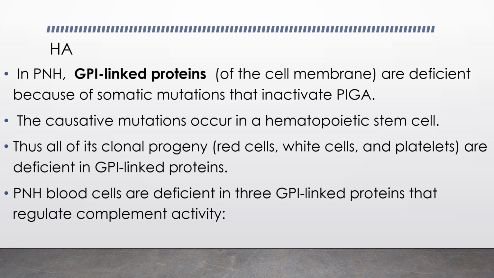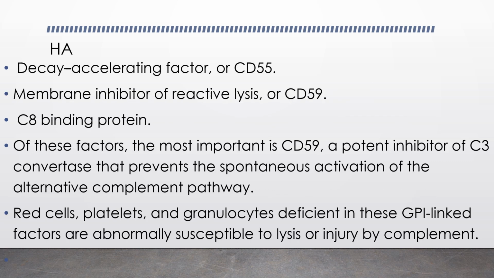All the cells have the same problem. In the clonal progeny, RBCs, white cells, and platelets are deficient in GPI-linked proteins. PNH blood cells are deficient in three proteins that regulate complement activity. So complement is going to come and sit on the RBCs and get them engulfed by the phagocytes. These are decay accelerating factor, CD55, and membrane inhibitor of reactive lysis, CD59.